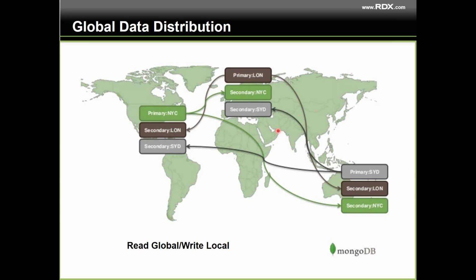We can update the data in New York City, but we can replicate it to London and to Sydney. The applications in the remote locations can read the data from the secondaries, but they can traverse our network to update the data on the primary.